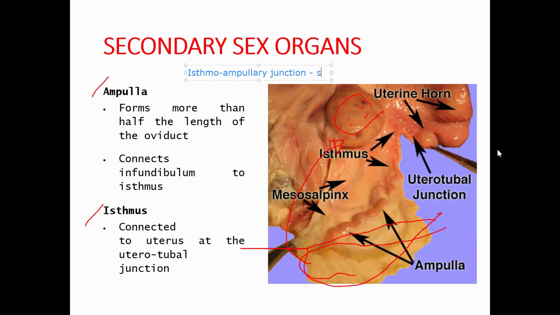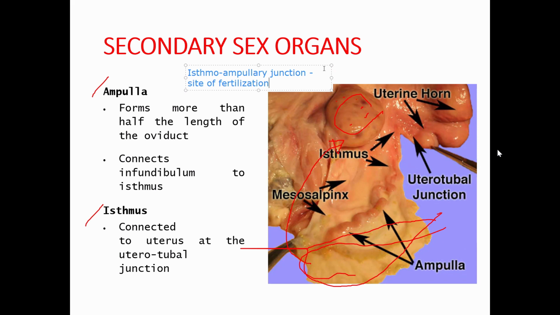This is the site of fertilization. So that is the exact site of fertilization wherein the egg cell meets the sperm cell. Okay, so this is in between.